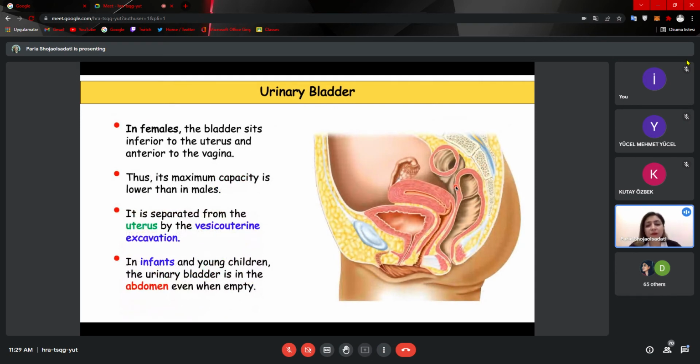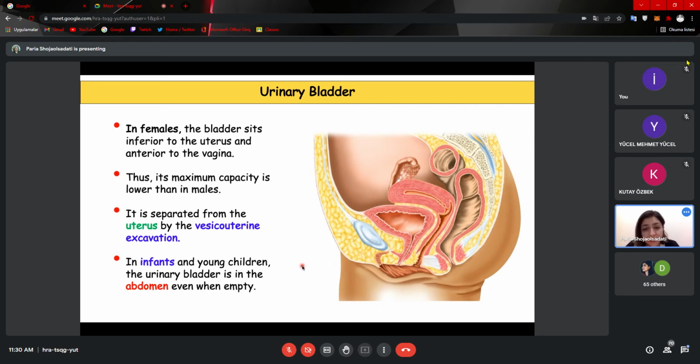In the female, the bladder sits inferior to the uterus and anterior to the vagina. Its maximum capacity is lower than in the male because it holds the weight of the uterus. It's separated from the uterus by the vesicouterine pouch or vesicouterine excavation. It's located in there.